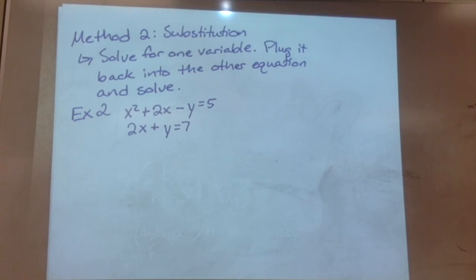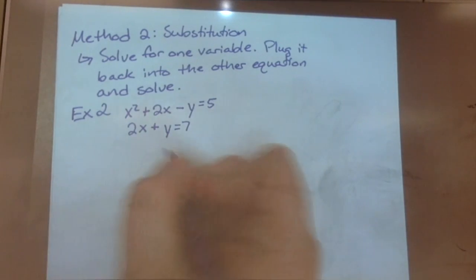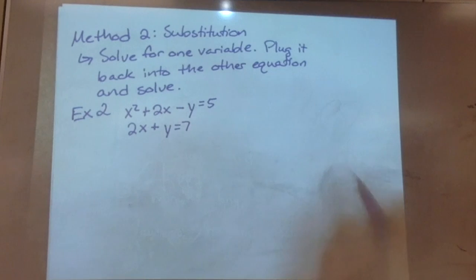Okay, so we are going to look at these, and you have to decide what is the easiest variable to solve for. To me, it looks like your second equation, solving for y, is going to be easiest.